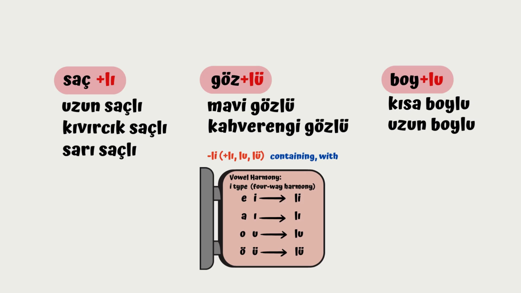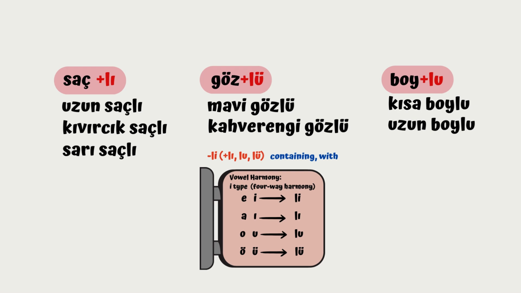Similarly we can use it for göz, which means eye, but the li ending changes to lü because the last vowel is ö, so it becomes gözlü. And we can use it like mavi gözlü, someone with blue eyes, or kahverengi gözlü, which means someone with brown eyes. And we can use the li ending for boy, which means height.